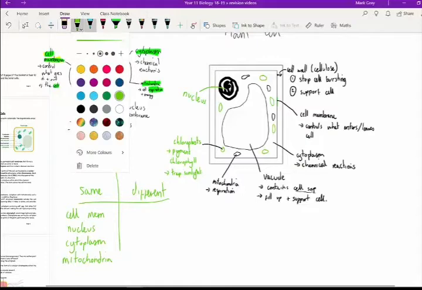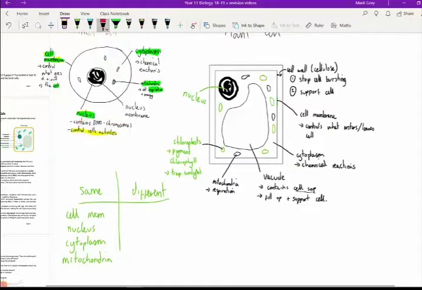But where they're different is in several different ways. So plant cells also have a vacuole, and they also have chloroplasts, and they also have a cell wall.